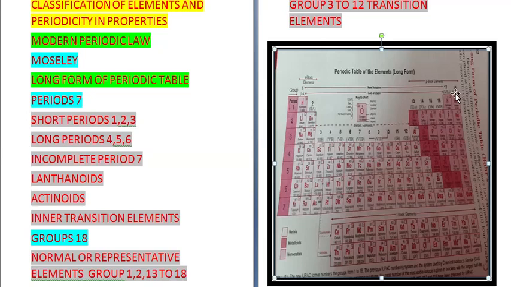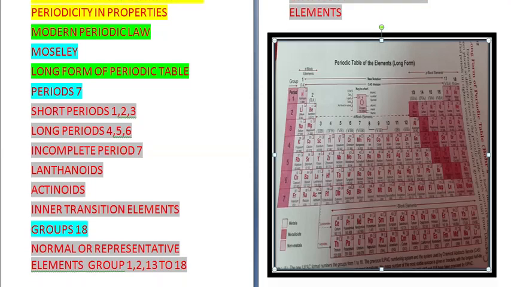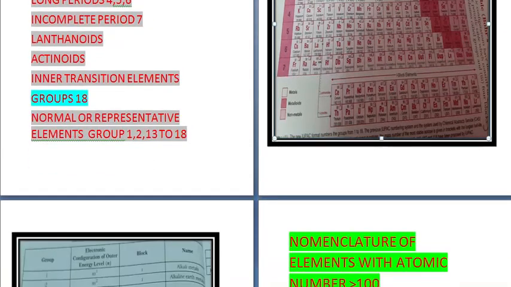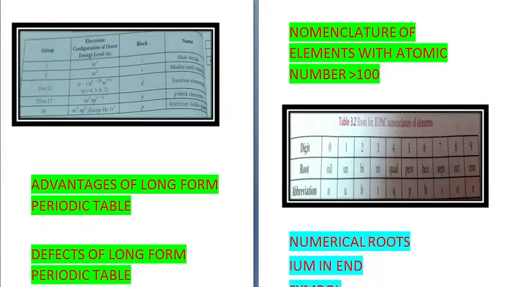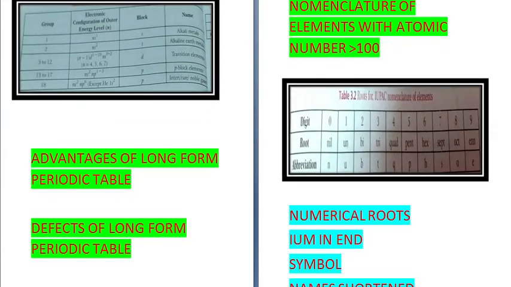But now IUPAC has named them in numbers from 1 to 18. Like group 1 is alkali metals, group 2 is alkaline earth metals and so on. Group 17 is halogens. So these are the various groups of the periodic table.